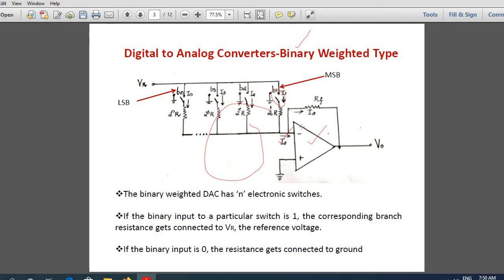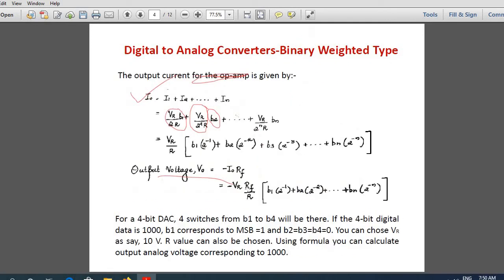Since this is working in inverting mode, output voltage is minus I0 into RF. RF is the feedback resistance of the op-amp. So you can put the equation for I0 here. This is your output voltage equation.